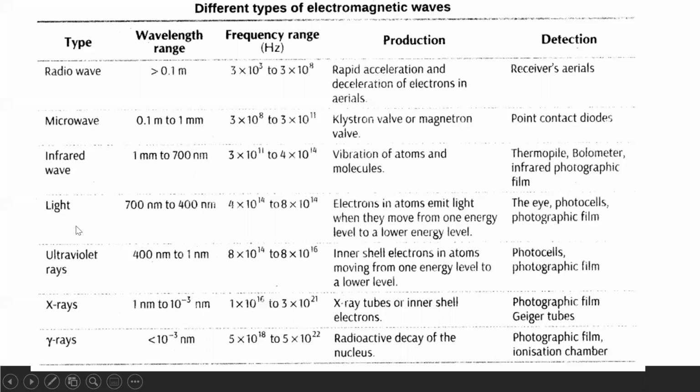And then another kind of electromagnetic radiation, which is more common, that is light, is produced by electrons in atoms when they move from a higher energy level to a lower energy level. We know that the atom contains electrons and they are moving in orbits, and each orbit has a different energy level.